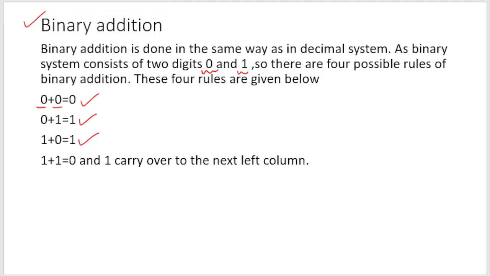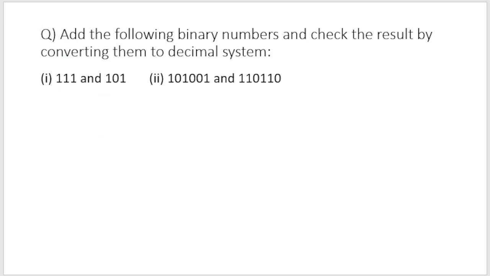What I mean by that will be clear from some of the examples that I am going to take. Here I have taken 2 examples. I can add more examples here also. Suppose I have to add 1 1 1 and 1 0 1. As I have told you, 1 plus 1 will be 0, as the rule suggests. But then there will be an extra 1, so that extra 1 will be carried over to the next left column.